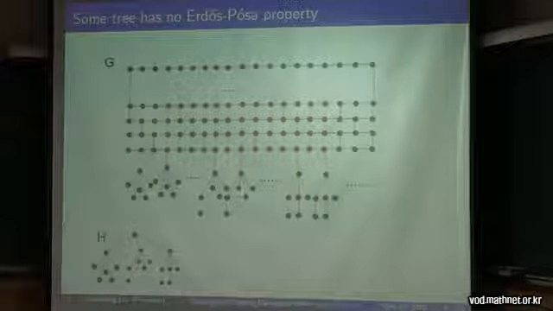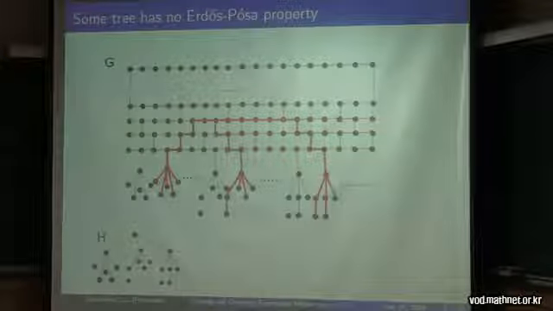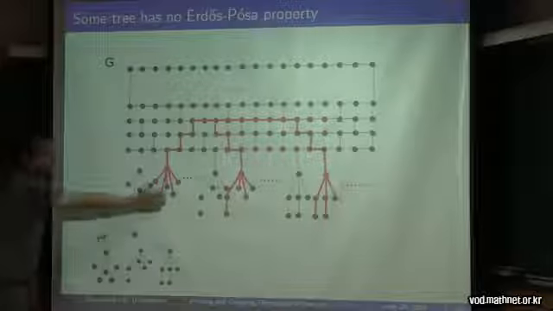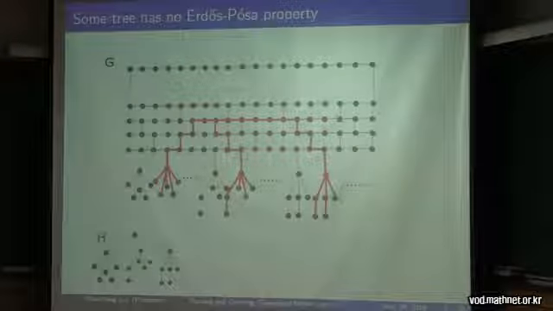And then you can check G contains one H subdivision, one H topological minor. But I'll show you that you cannot contain two disjoint H topological minors, because all the H topological minors should look like this. It's exactly what the picture shows you.